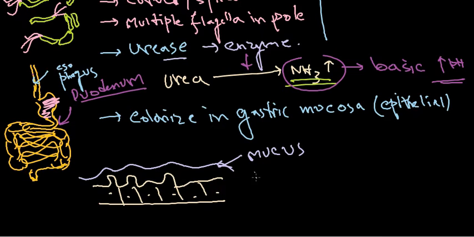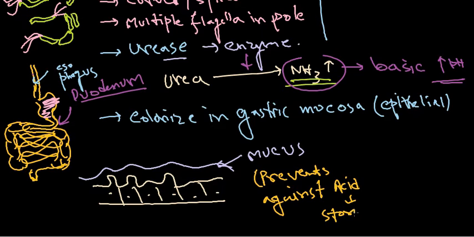So it protects against acid. Now the acid is coming from the stomach, right? So they prevent this duodenum wall against the stomach acid, right? So that's a very important point in all these cases.